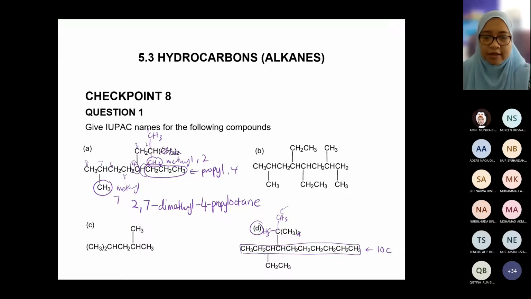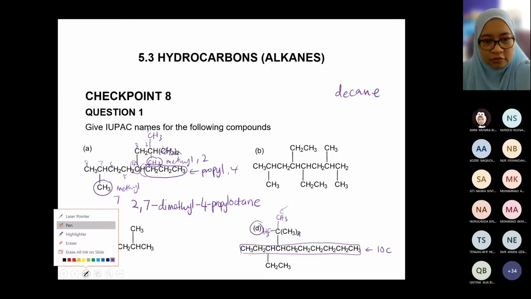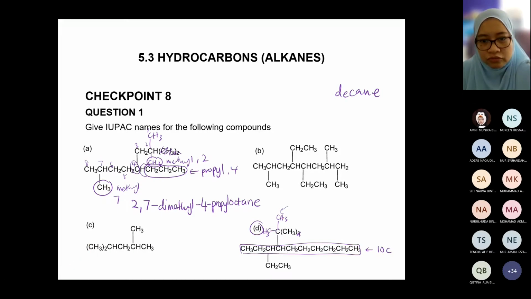Kena try, kena try. Kena zigzag ke, atas bawah ke, tepi kanan kiri ke, as long as it is continuous and the longest. Okay, alright, so the parent would be called, I write the name here, okay, decane, because it has 10 carbon. Okay, so we have two substituents attached to the parent.